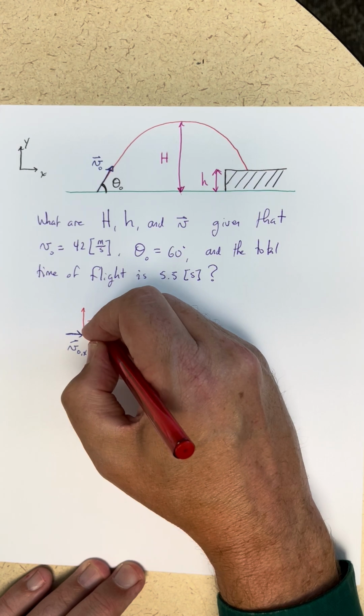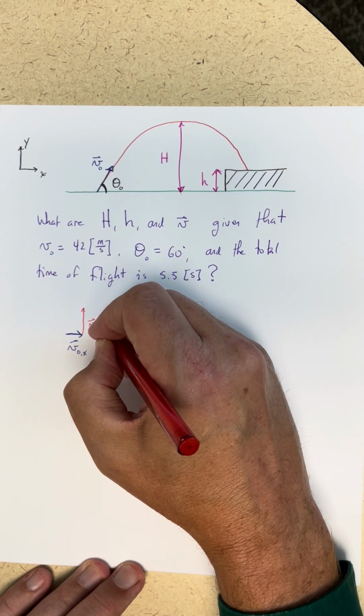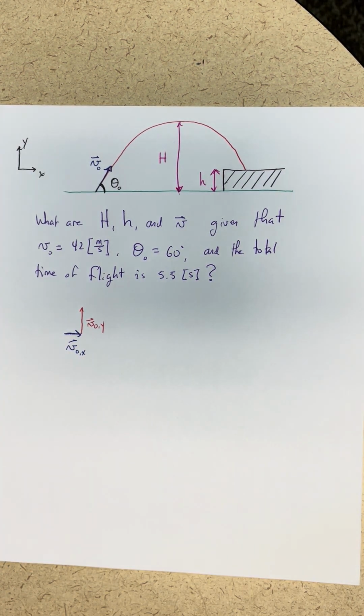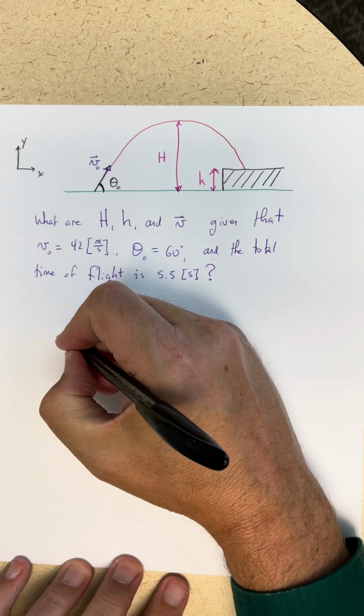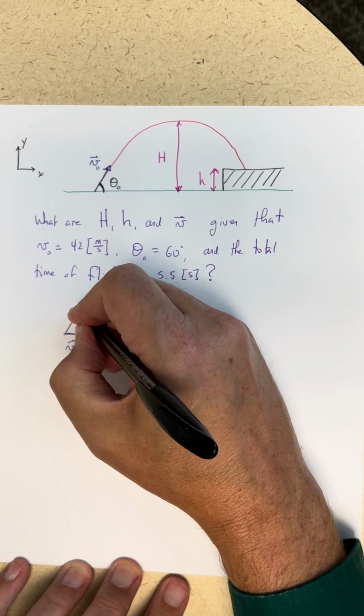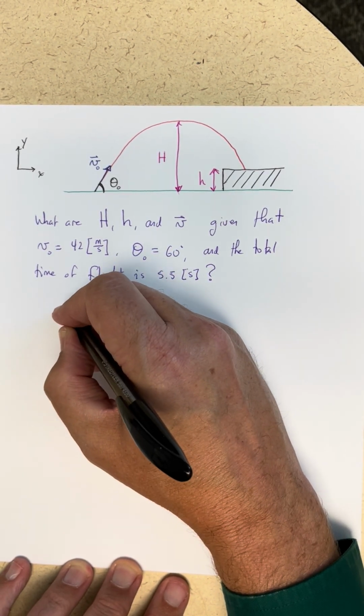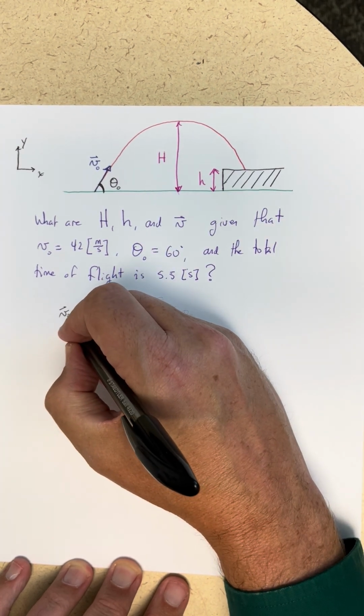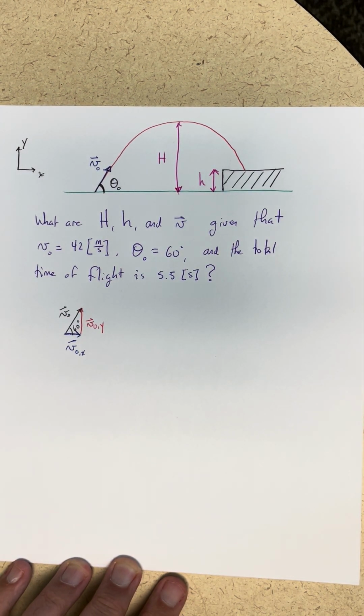So there's v0, the initial velocity y component, and there's the initial velocity vector v0, and that is 60 degrees.